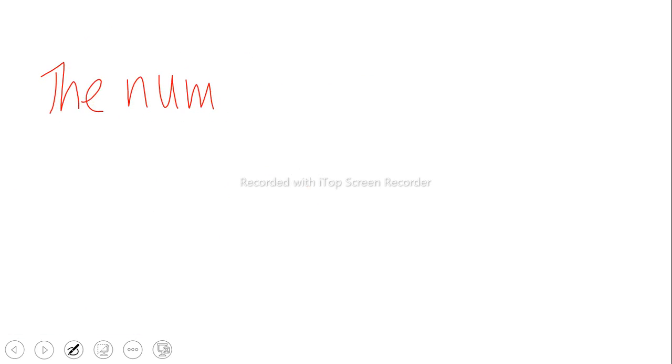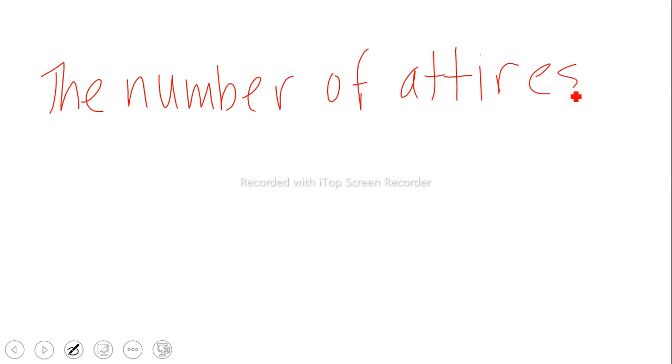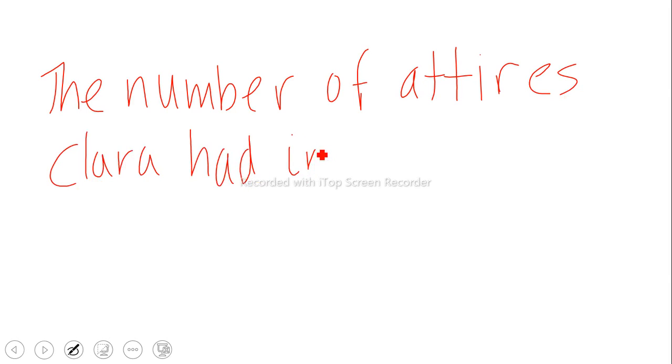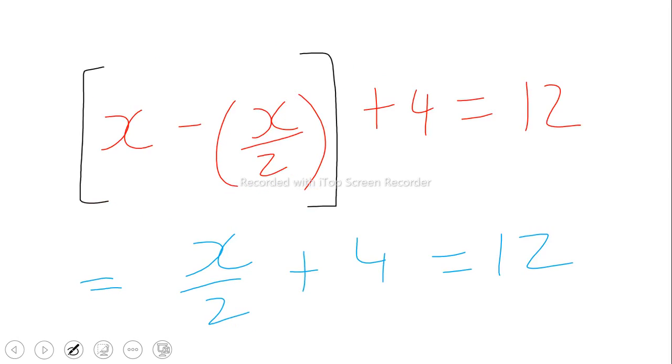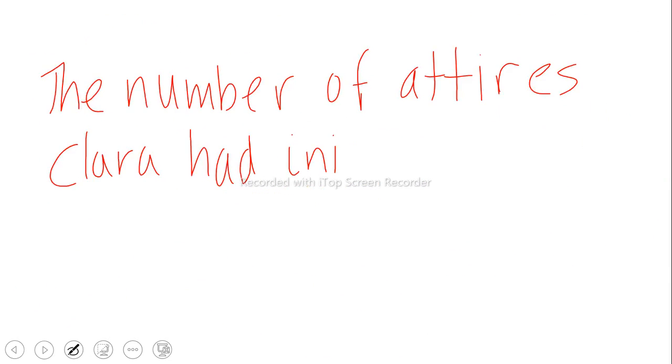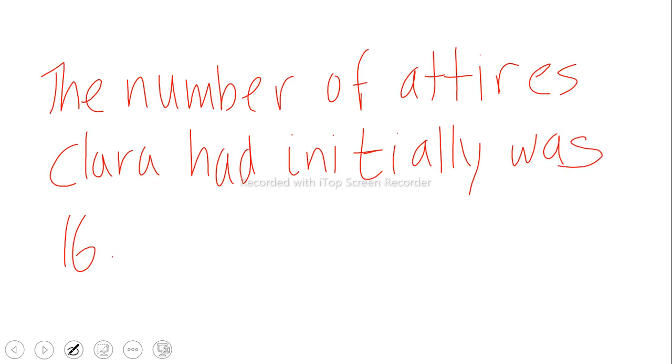The number of attires Clara had initially was what? 16.